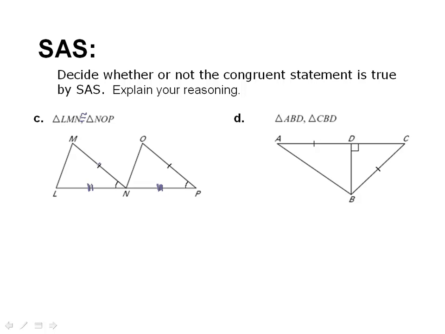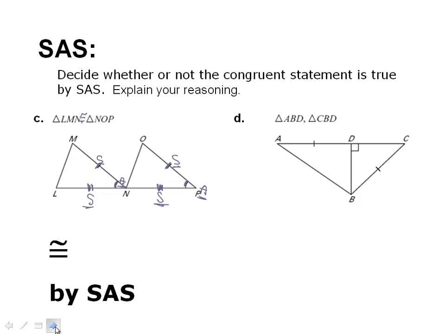We know that MN is congruent to OP, and we know that these 2 angles are congruent as well. I've got a side, then an angle, then a side. Side, angle, side. I have congruent parts, they're in the same order, and the angle is the included angle. So yes, they are congruent by side, angle, side.